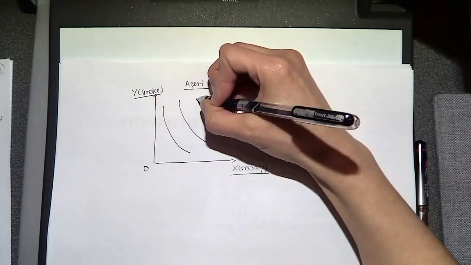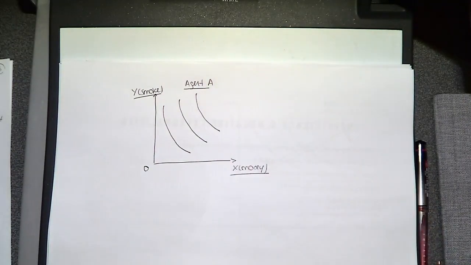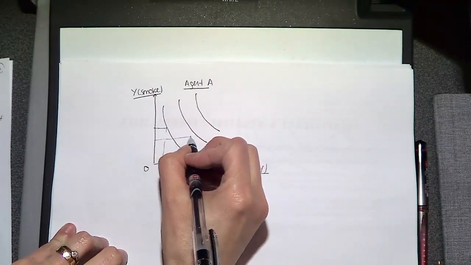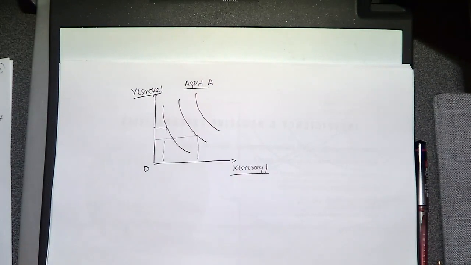So these are just normal indifference curves, the ones that we normally see. So basically, we know that the marginal rate of substitution, we want to consume as much as we can, but obviously to increase the consumption of one of the goods, we need to decrease the consumption of the other good.